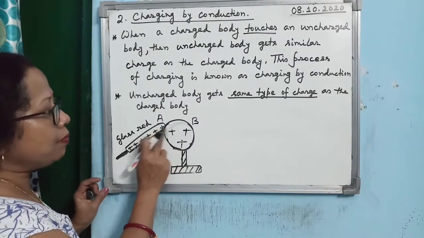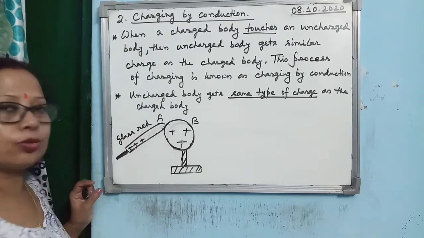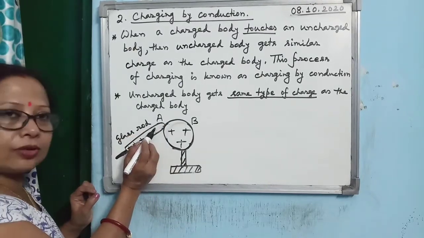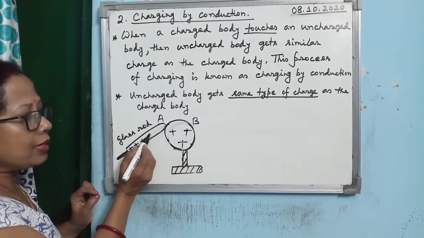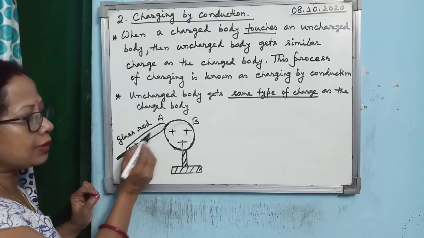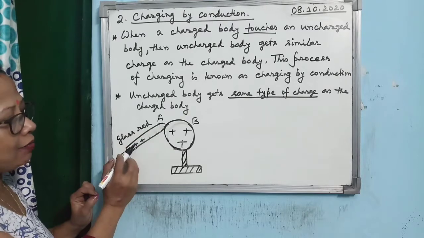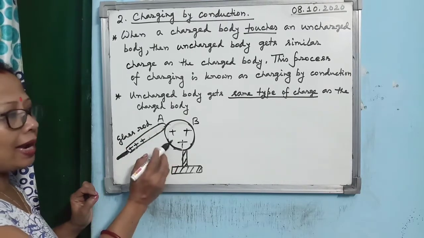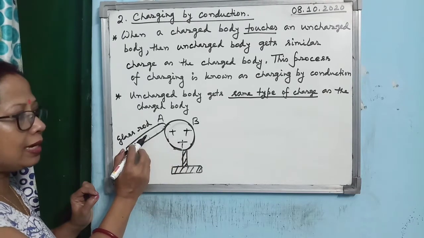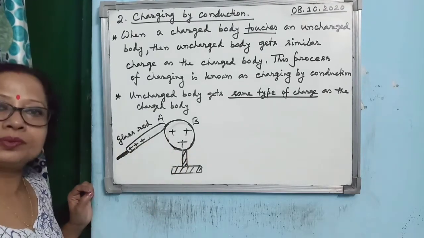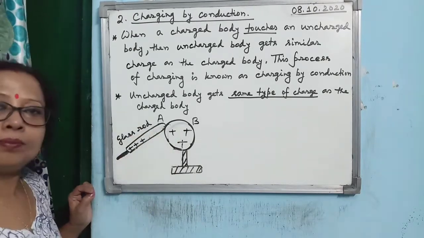The moment A and B touch, 3 electrons from B will enter into A. So B is losing 3 electrons and will become positively charged, and when A receives 3 electrons, the 3 positive charges and 3 electrons cancel their effect. So A is having a lesser amount of charge and B is getting the same amount. The loss in A is equal to the gain in B, as if A has given 3 charges to B.